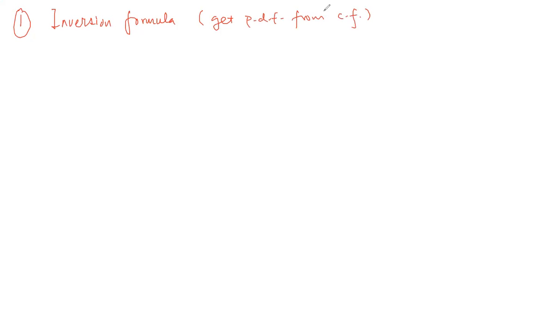So it's an inversion. Just now we constructed characteristic functions from a PDF, so it will be useful if we could actually reverse the process. That's why it's called an inversion formula. The formula is given by the following.